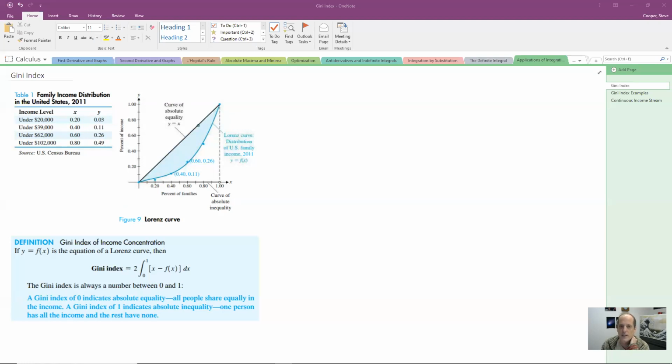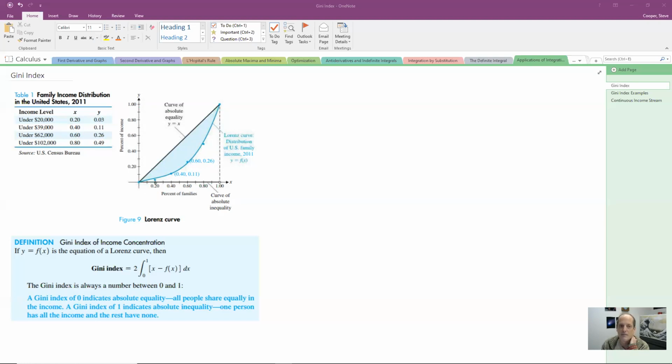Now, if I were to take this triangle and calculate its area, since this is a 1 by 1 box, the area would be 1/2. So the max area of the triangle underneath this diagonal is 1/2. So we multiply by 2 so that the range of the Gini index falls between 0 and 1.